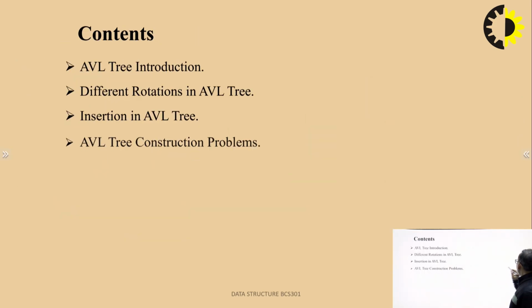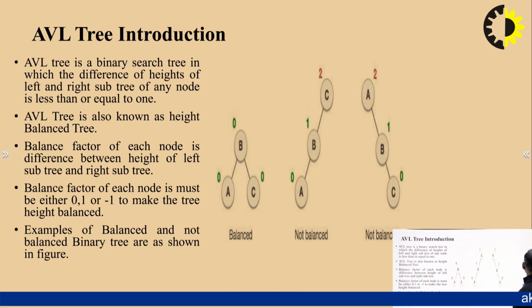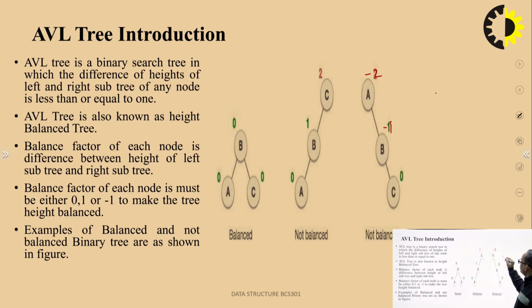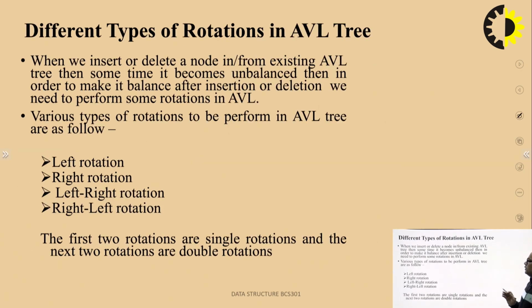And again, this will be minus 2, because the height of the left subtree is 0 and the height of the right subtree is 2, levels 1 and 2. So, 0 minus 2. So, the balance factor of this will be minus 2. So, this is again not an AVL tree.